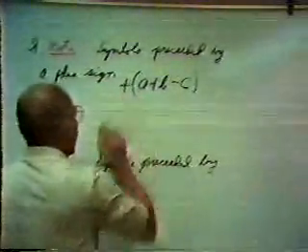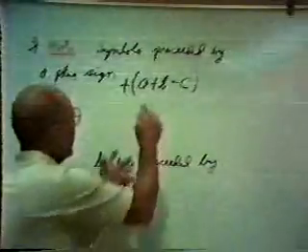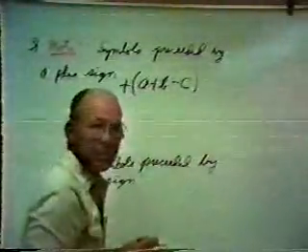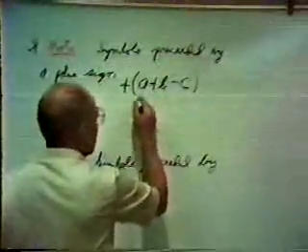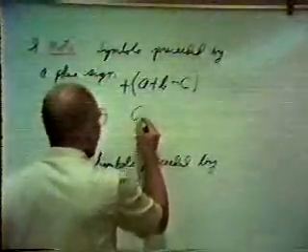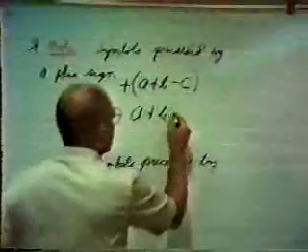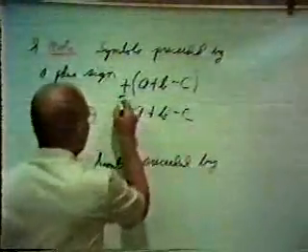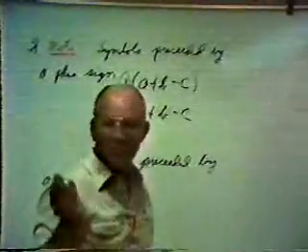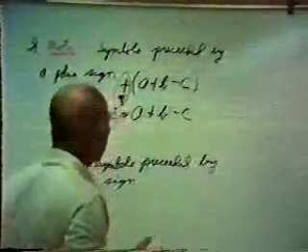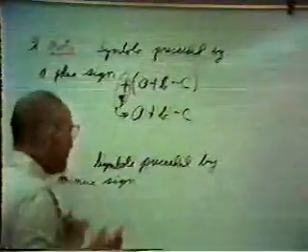When you have symbols preceded by a plus sign, there's no change necessary, so this problem is simply A plus B minus C. If you have a plus sign, you may remove those simply by dropping the terms out of it.